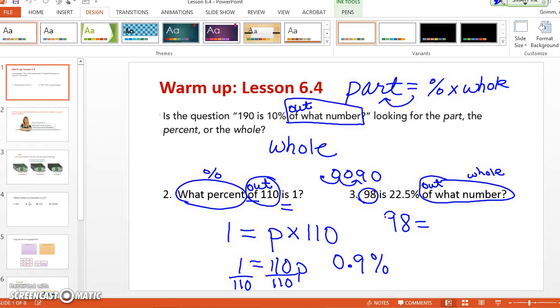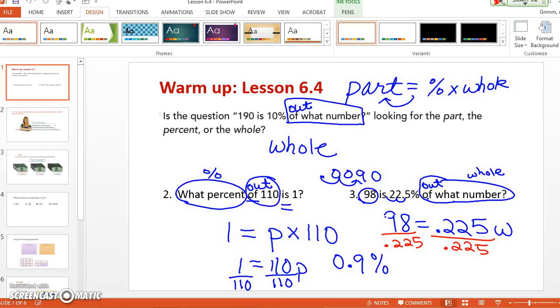A decimal. So I move the decimal point 2 times. So I move it 2 times, 1, 2, and I get 0.225, and then it says of what number? So times W. So I'm going to divide both sides by 0.225 to get rid of it.